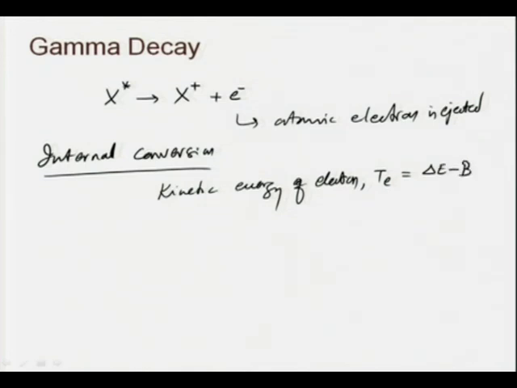To release an electron, you have to give some energy to the atom, which is equivalent to the binding energy of the electron. So, B is the atomic binding energy, not the nuclear binding energy that we were talking about in the case of a nucleus, but the electron's atomic binding energy.